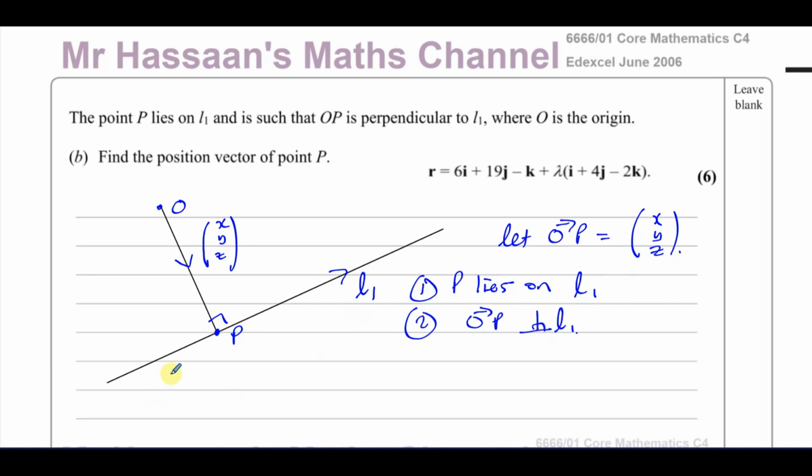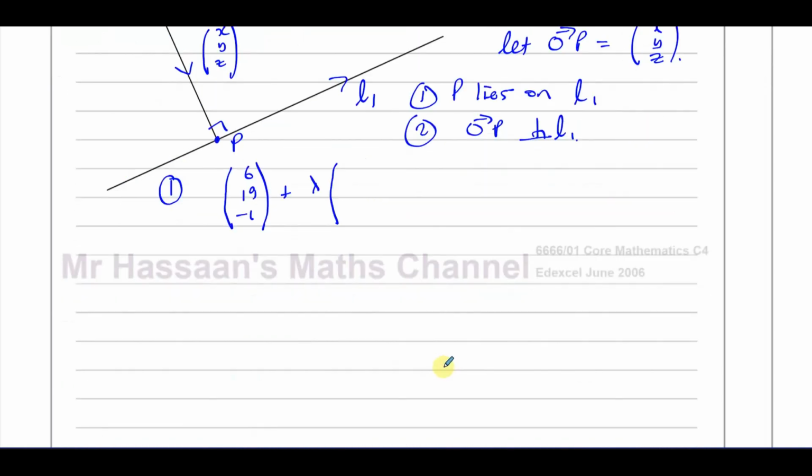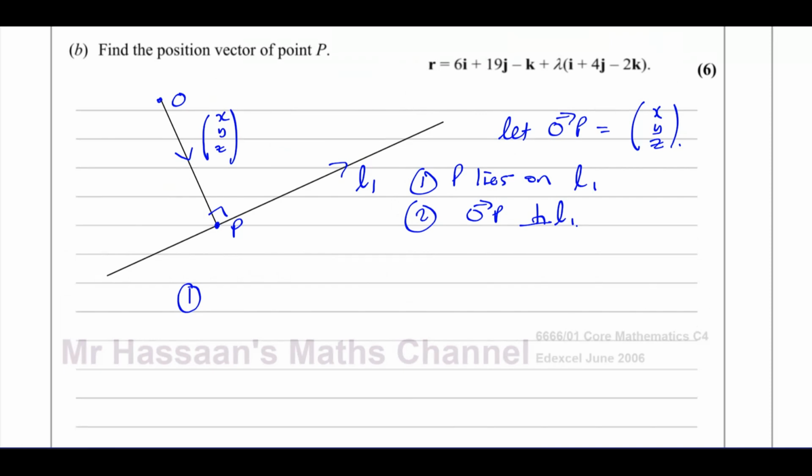The first piece of information I can use by understanding that line 1 has an equation, and I'm going to again write the column vector 6, 19 and minus 1 plus lambda times 1, 4, negative 2. I always like to use column vectors.